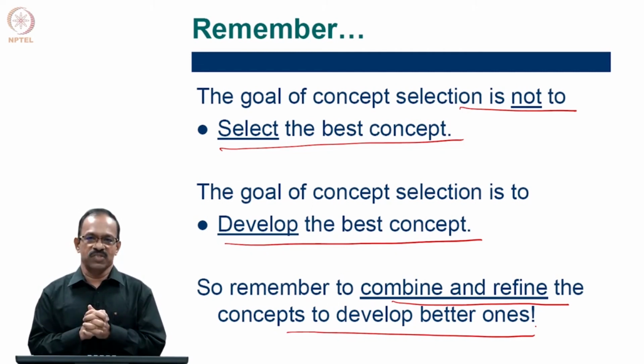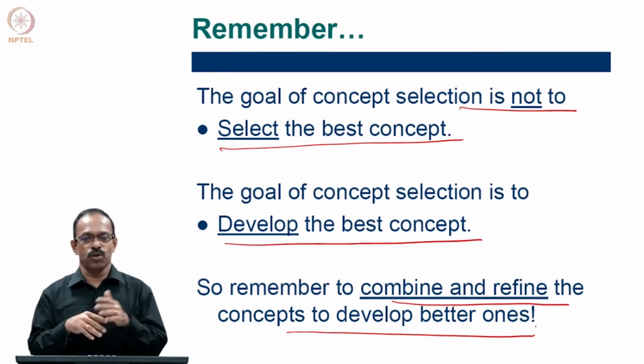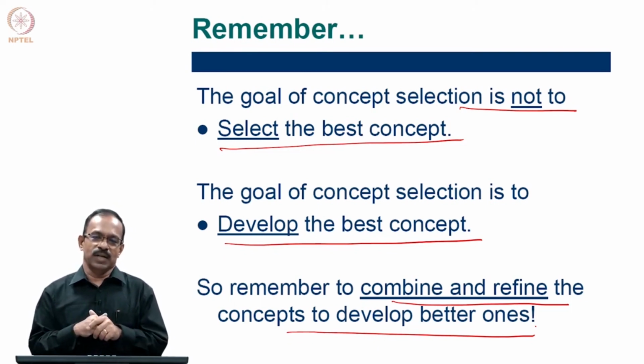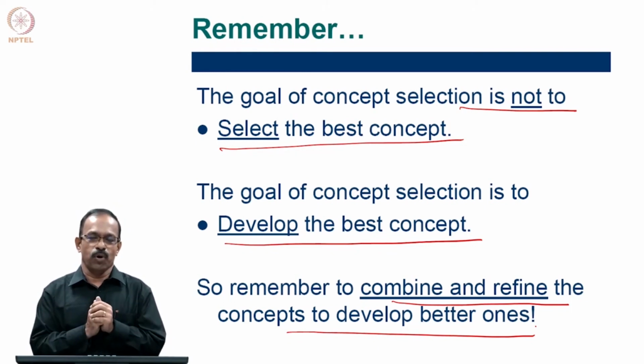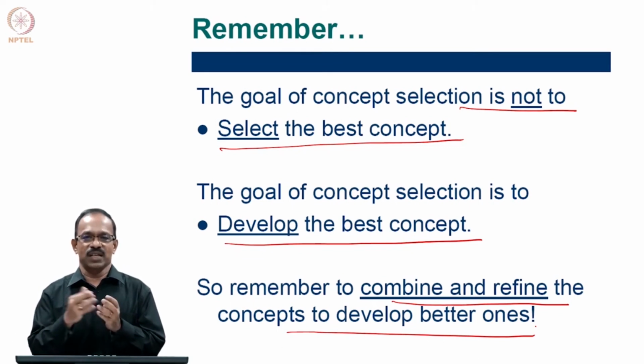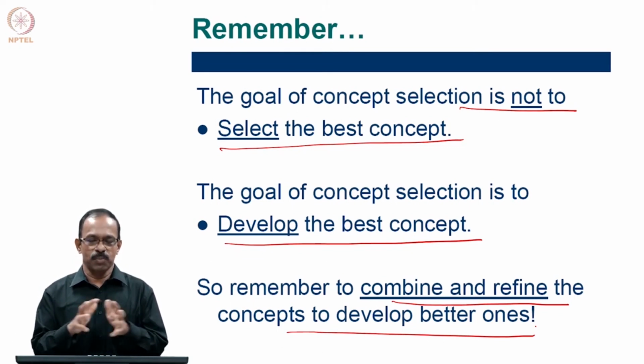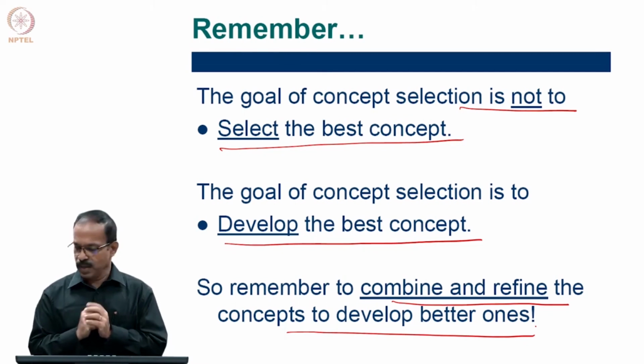Of course, we will not be discussing that in this course, and in order to understand the embodiment, you need more knowledge about the analysis of products for strength and other aspects. So, we will not be discussing that in this class. Okay.